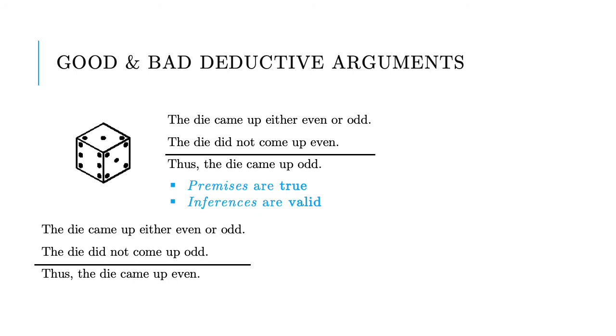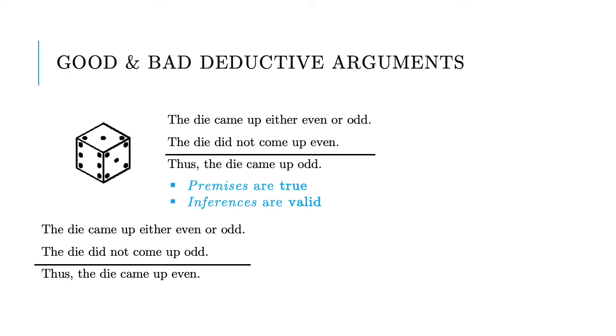To take another argument, we have the die came up either even or odd as before, but now we have the die did not come up odd. Thus the die came up even. What to notice here is that the inference is still valid.